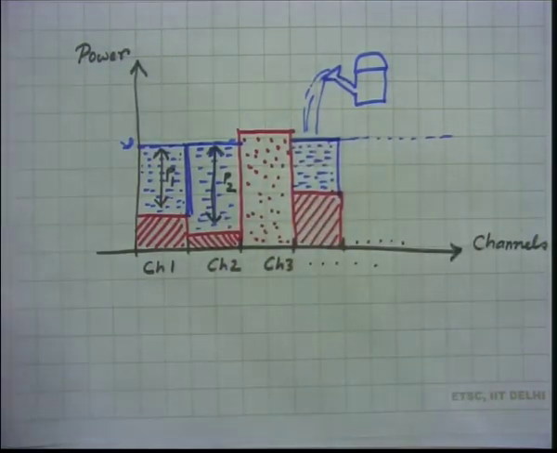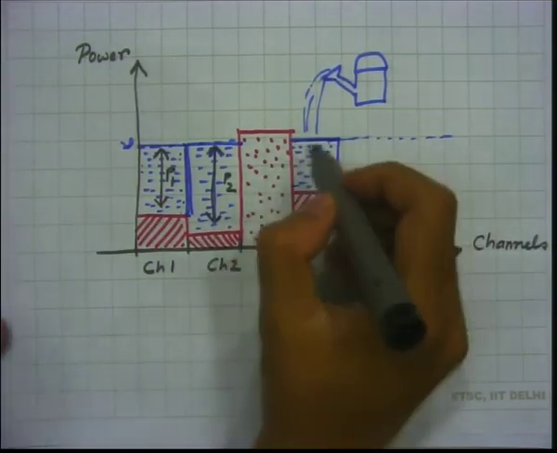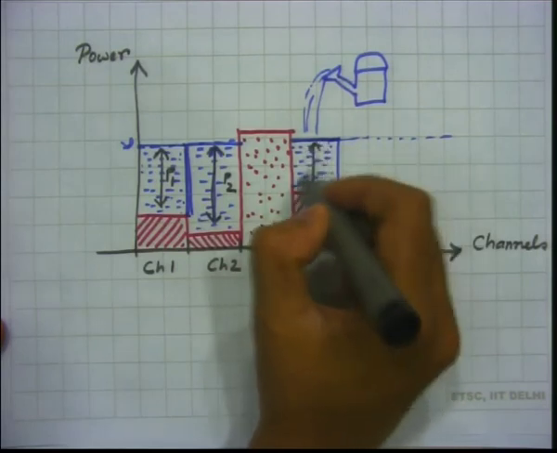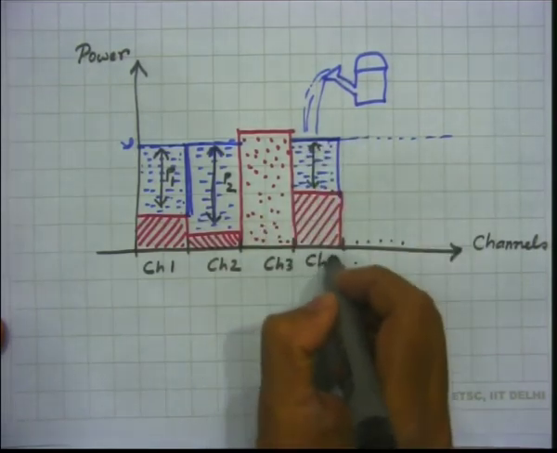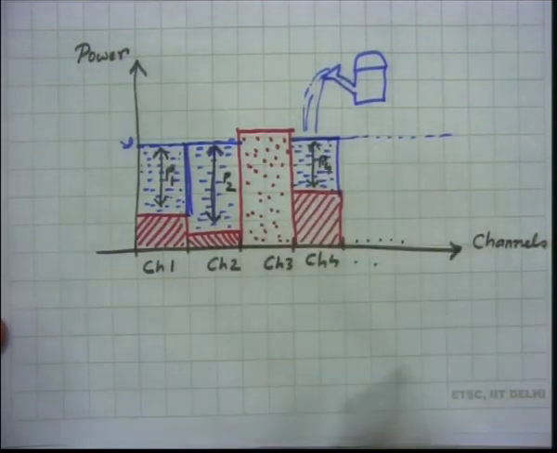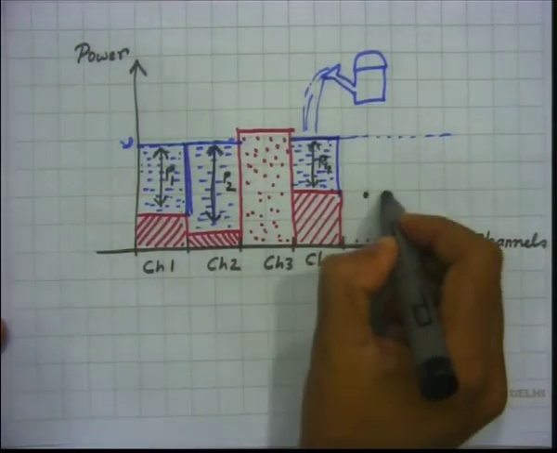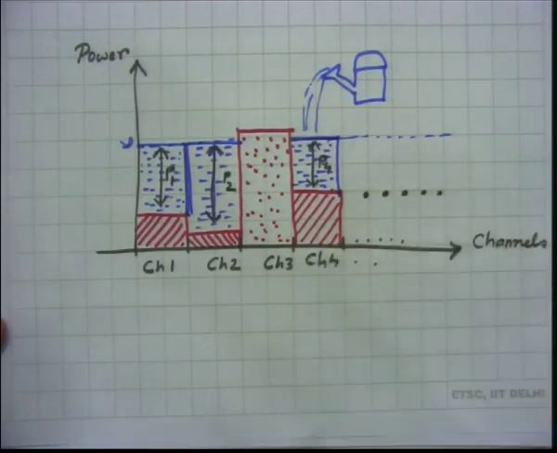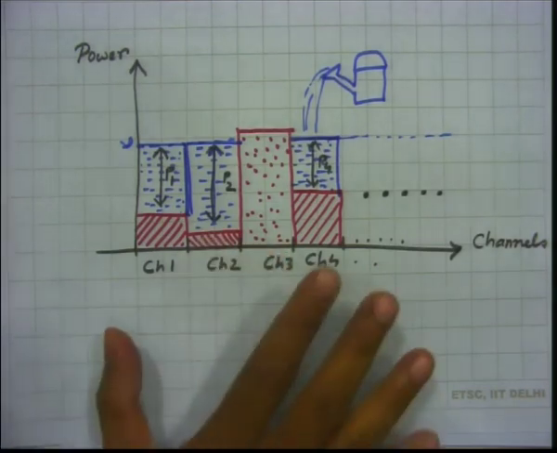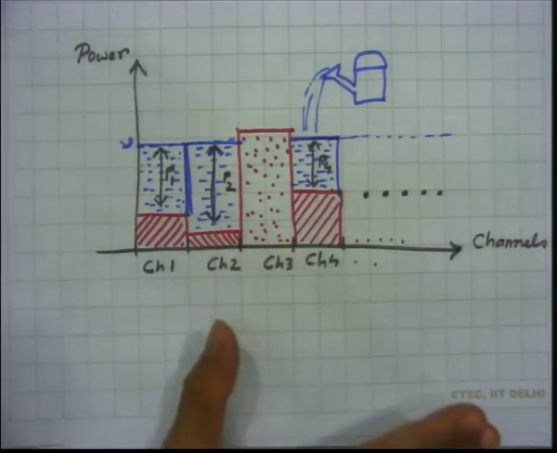So, the power for this fourth channel, channel 4, will be P4 and so on and so forth. So, I can do this, and therefore, this is called the water pouring algorithm. There is a mathematical proof for doing this, but essentially this is what I am trying to do.